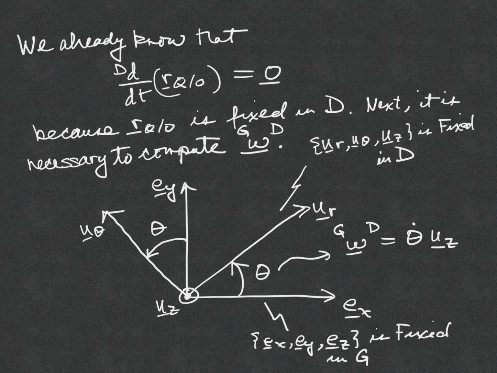So what are these things? So let's go into even a little bit more detail so we can understand what all these things mean. So we have omega DG is equal to theta dot times UZ.